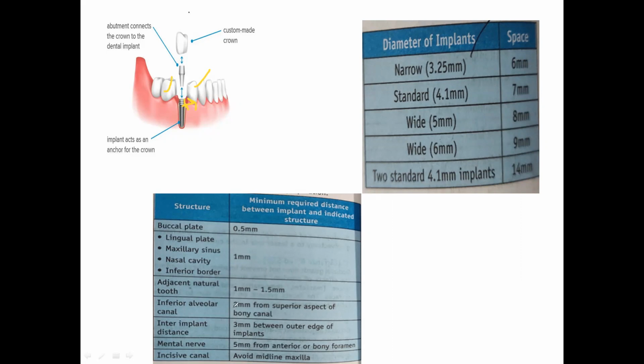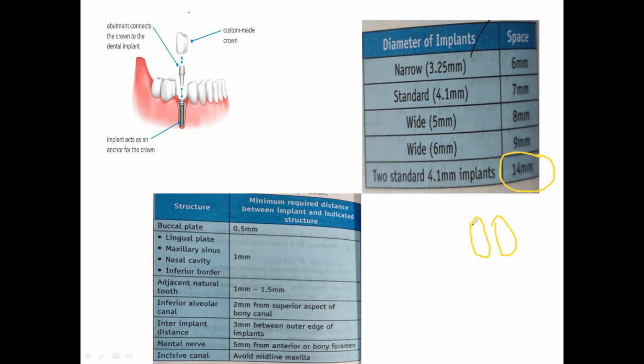About the inferior alveolar nerve, over there I said 1 mm, but you shall be 2 mm away from the inferior alveolar nerve. This is actually the inferior border of the bone. You have to be 1 mm away from the inferior border of the bone. Now, if you are giving 2 implants in one patient, as I told you, if there is a wider space, here you are supposed to give 2 implants.